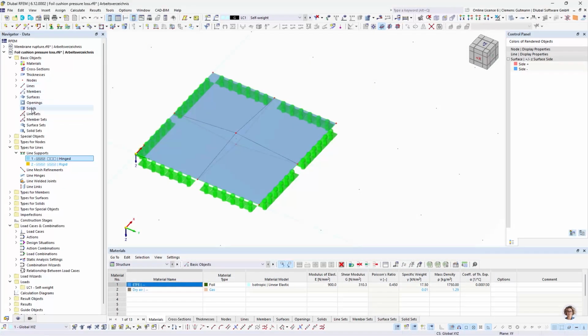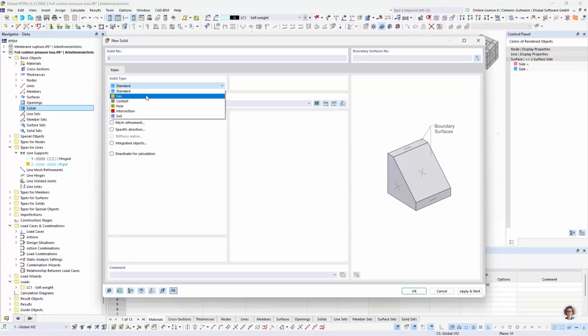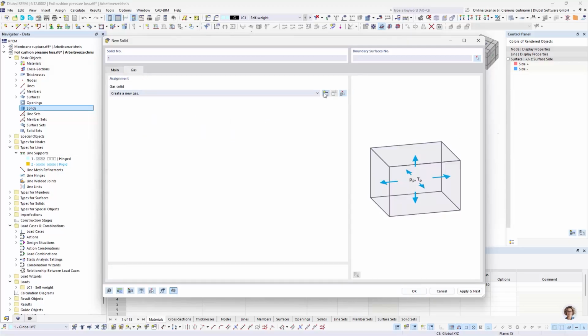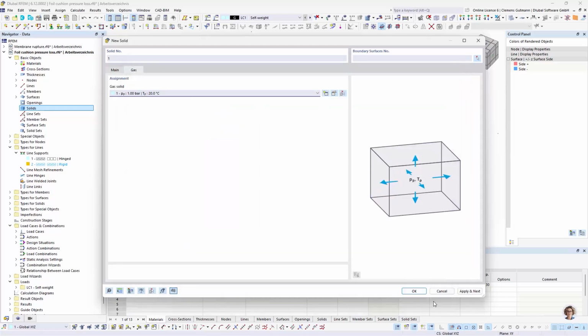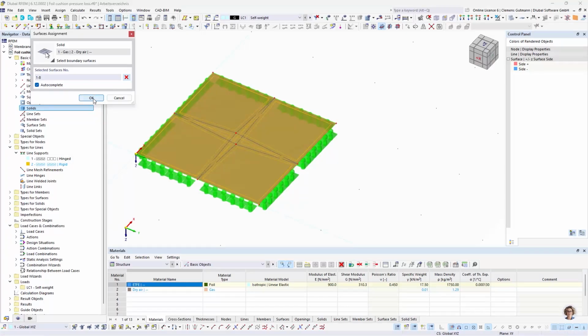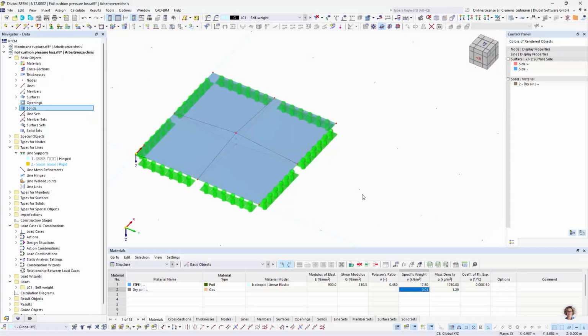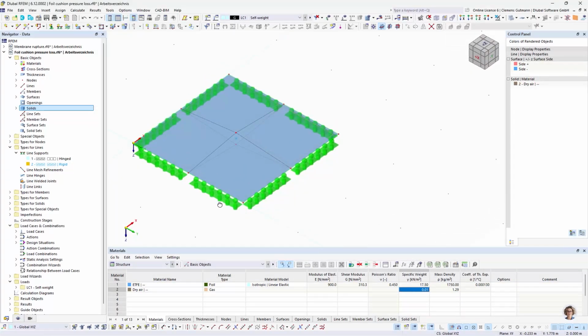And our gas volume. And for this gas volume, we need an initial condition. Okay, that looks good.